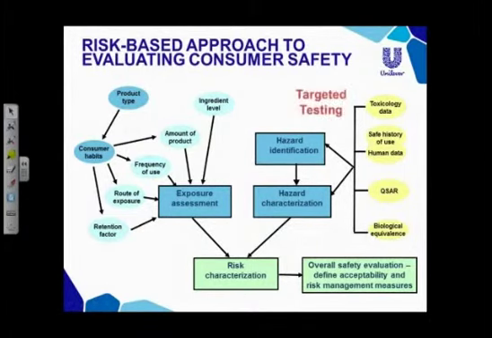Now, unfortunately, of course, sometimes you don't have any information. You just have a new, maybe quite novel chemical, a novel ingredient that's going to go into this product. So you're going to have to do some tox testing. And in the past, we've always thought of this as targeted testing. Again, we won't necessarily do a checklist of all the possible tox tests that we could do.